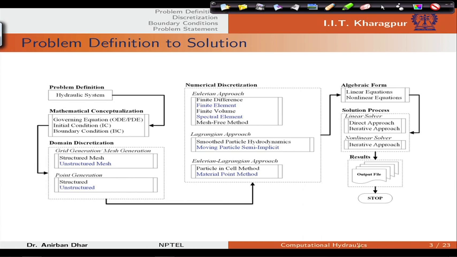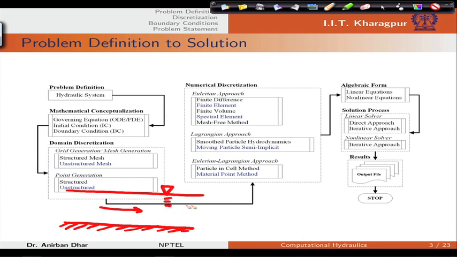Let us say that we have a problem where we have a single channel. This is the channel bed, this is the flow direction, and obviously this is the flow depth at any location. So, this is a single channel.